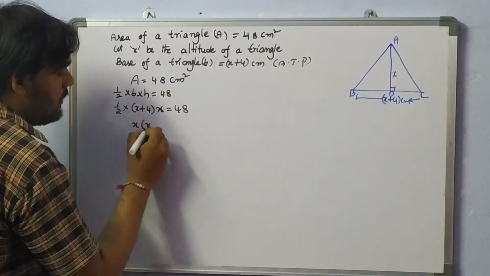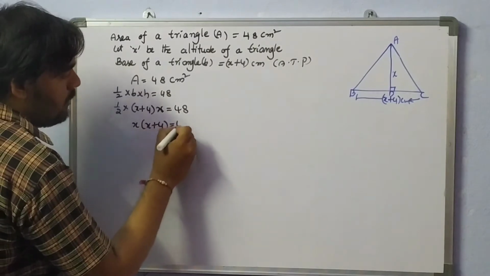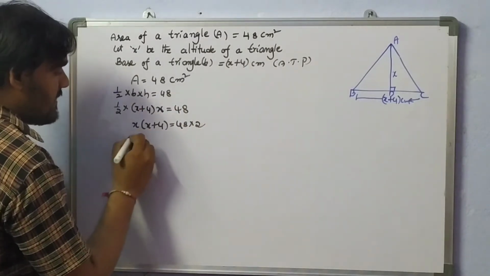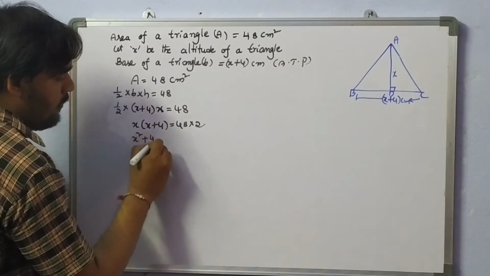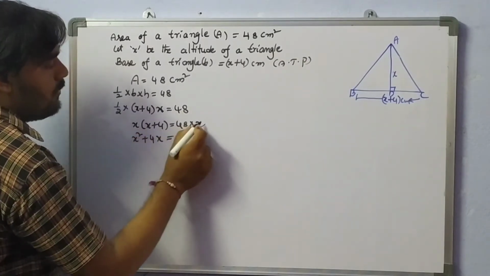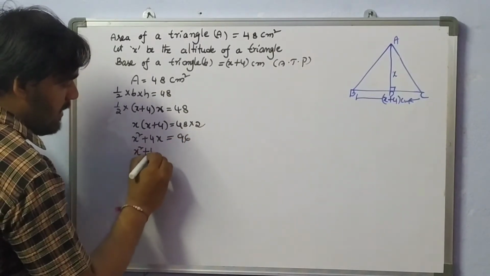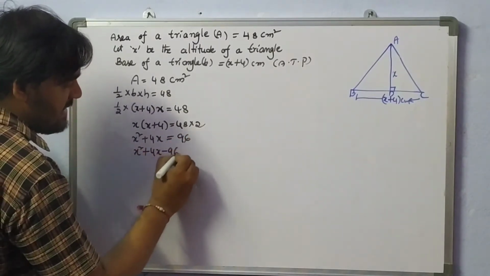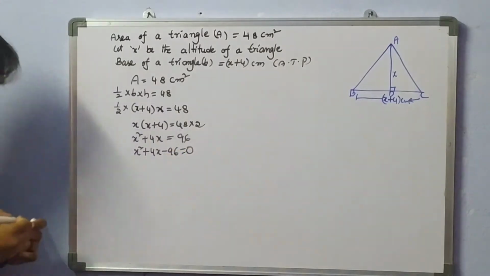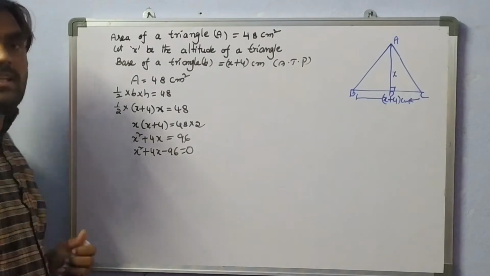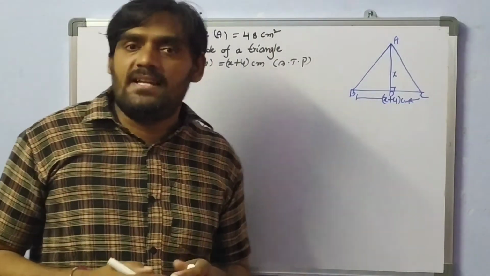Now x into x plus 4 is equal to 48 into 2. So x square plus 4x is equal to 96. Now x square plus 4x minus 96 is equal to 0. We got a quadratic equation, that is x square plus 4x minus 96.